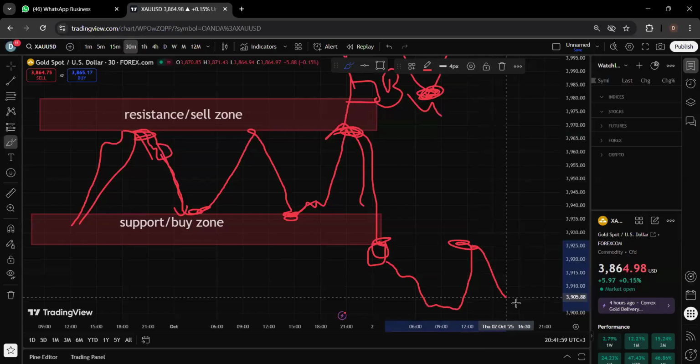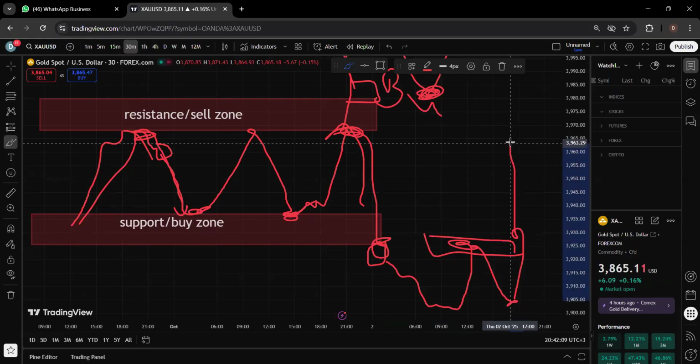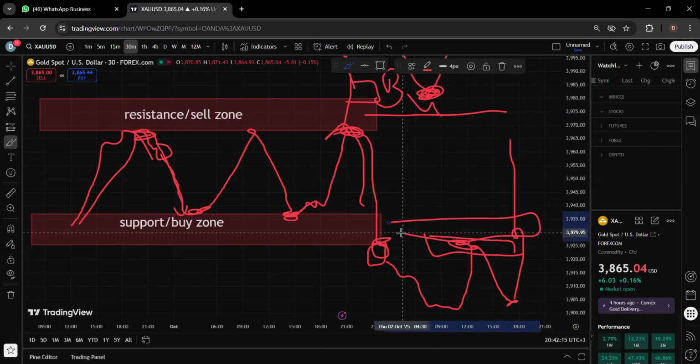We sell at this area, targeting our support again. But if this market comes and breaks this resistance, it will be going up to target this resistance, and this will remain a new support. So you need to be very careful identifying all your support and resistance. Wait for the breakout.